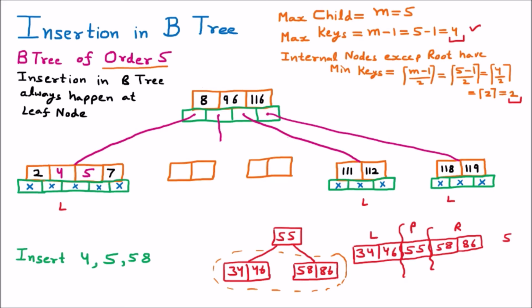So now we have taken these two nodes. The first node which we are going to consider will have 34 and 46. So this 34 and 46 we are going to take as one node. Then 58 and 86 we are going to consider here. So 58 and 86 is coming here.